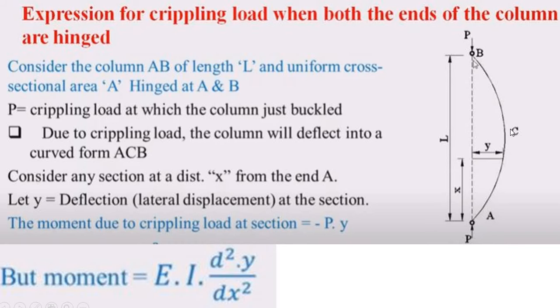So ACB is the buckled column after the application of load P at both the ends of the column.